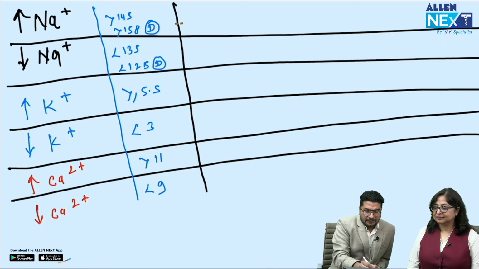Now hyperkalemia treatment we have discussed in detail. In detail, what I told you: we can give calcium gluconate or calcium chloride. This will have antagonist action. Then what else can we use? We can use insulin and beta agonist.